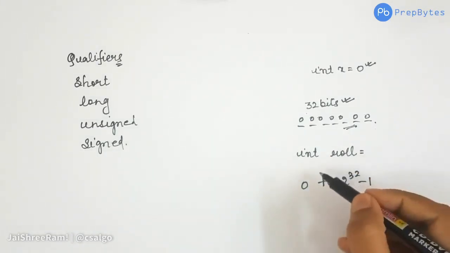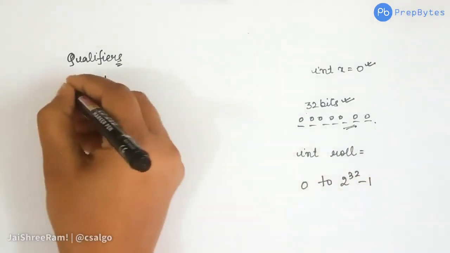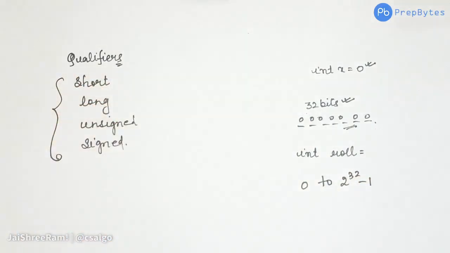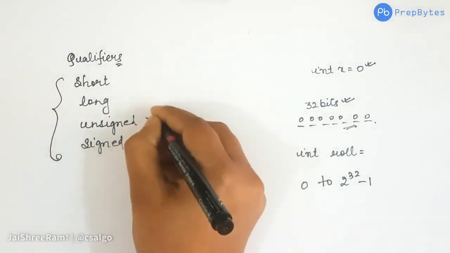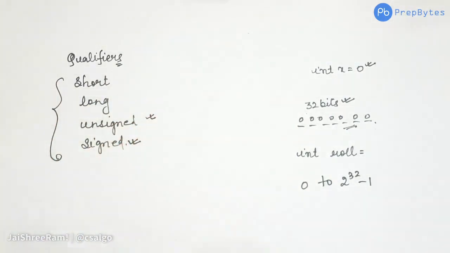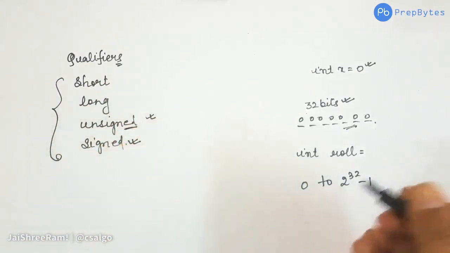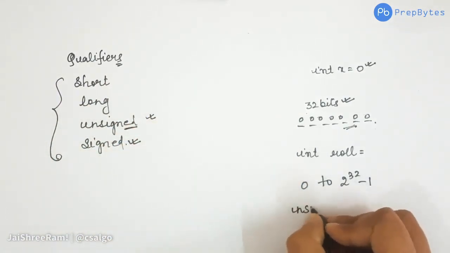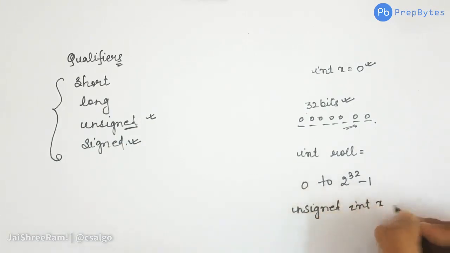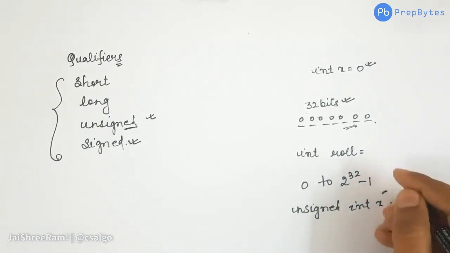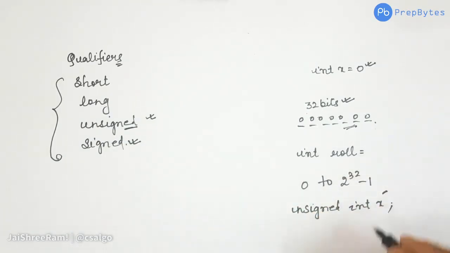For handling these cases, we have certain qualifiers. Talking about the sign first, we have qualifiers called unsigned and signed. If I write unsigned int x, I am telling the compiler that x will have only positive values, so the values of x will either be 0 or some positive value.